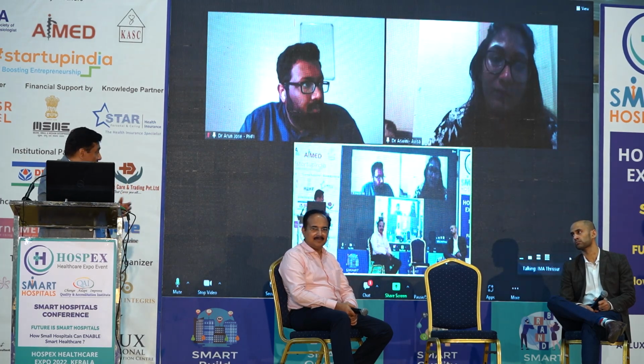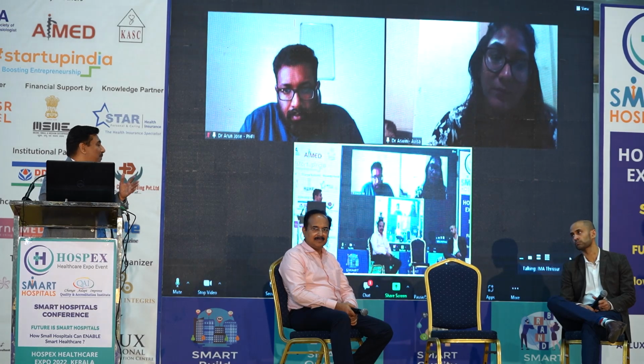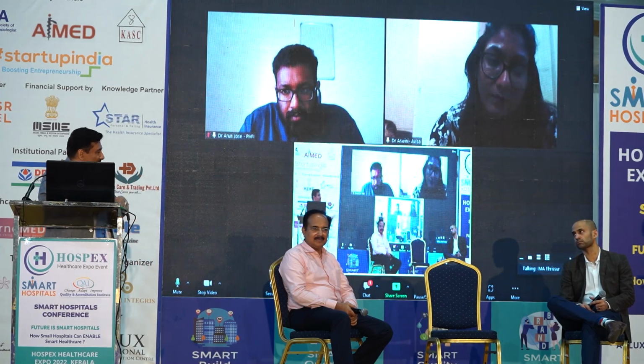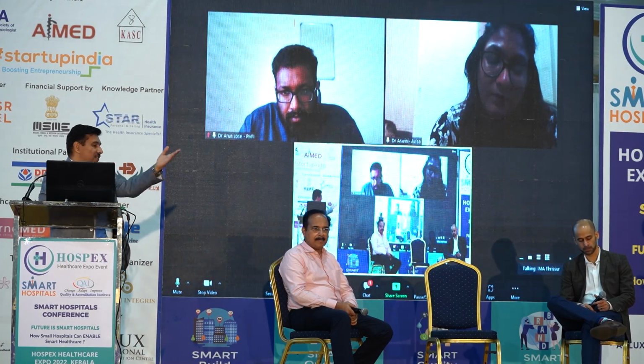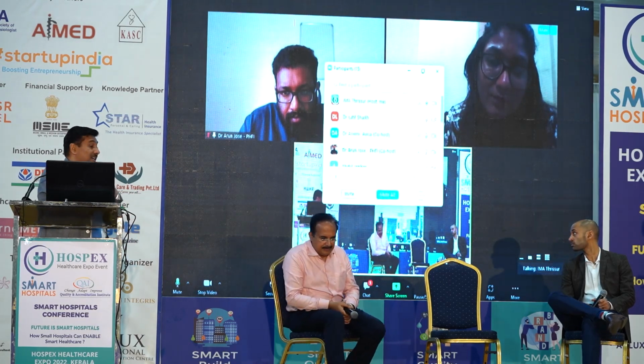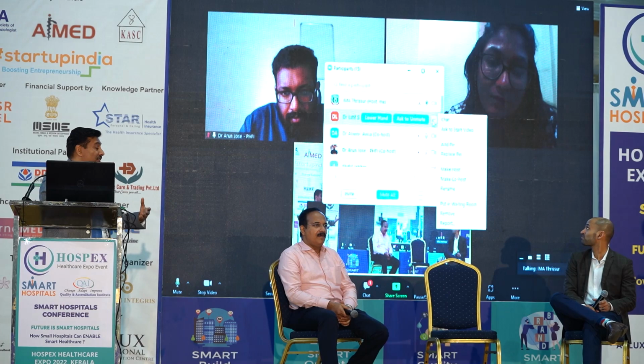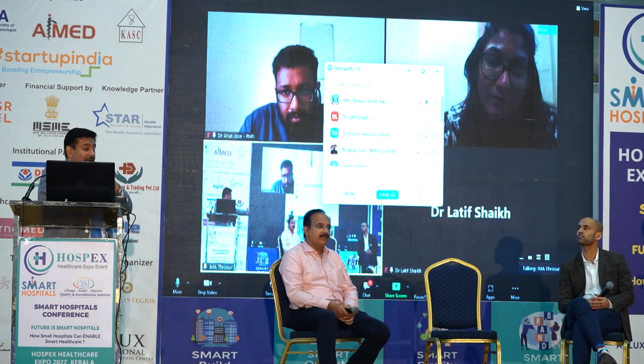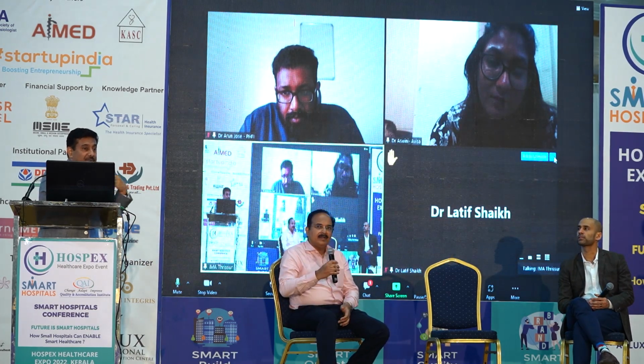And there are many validation methods, like a stethoscope. You can compare your stethoscope with a normal stethoscope. Blood test analyzer, you can compare those results with your own lab test results. So there are ways of validating the results coming out of these various devices, and I think that would be a way ahead and a next step for any digital application which you are using.